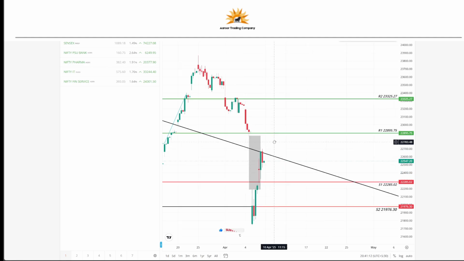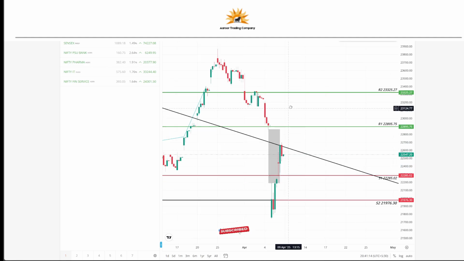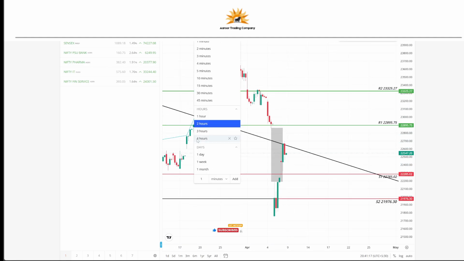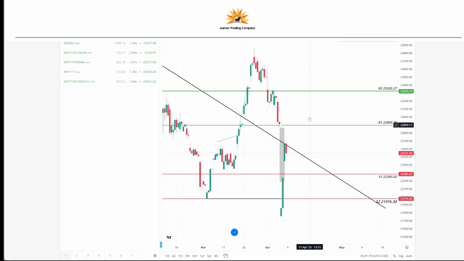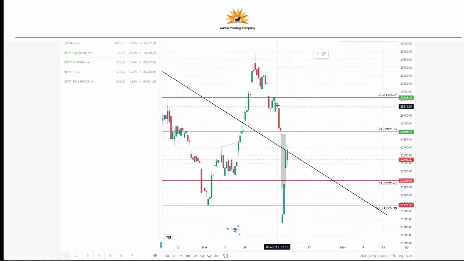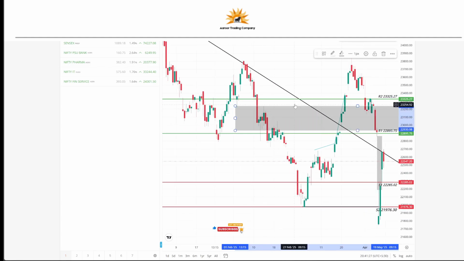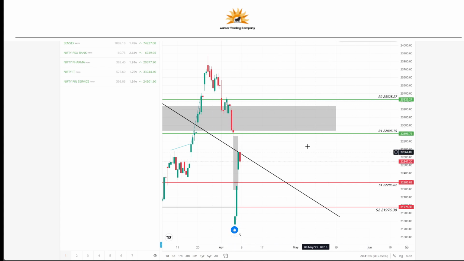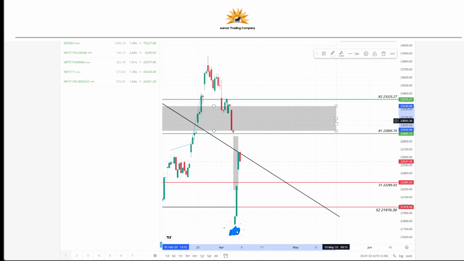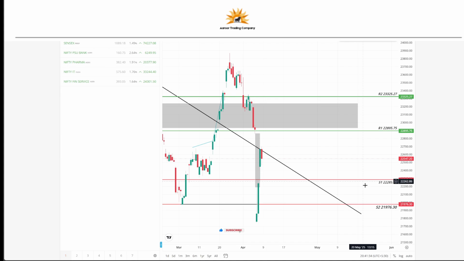What we need to check is this region, this resistance from R1 to R2, which may act as a huge selling area. If the selling area gets activated, you can see 21,000 further. If it doesn't activate and breaks R2, you can look for a rally in further days.